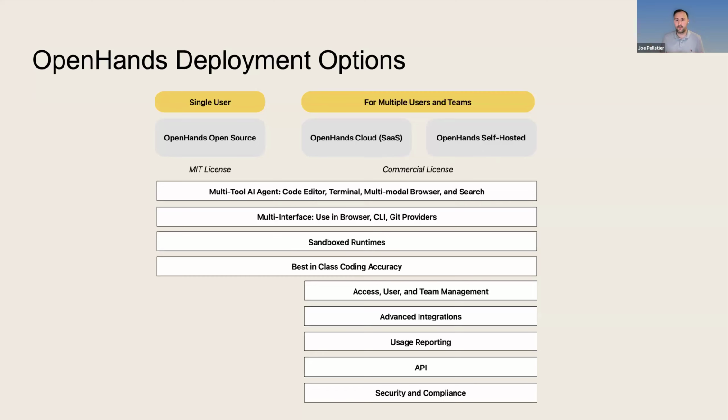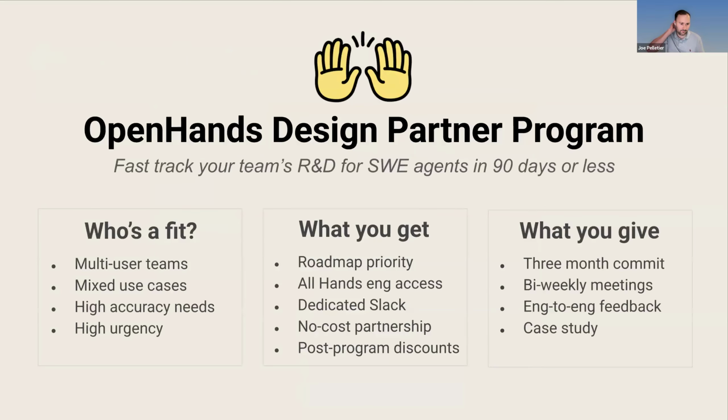We're seeing a lot of interest across the board on these different offerings, which is why we decided to open up a design partnership program, a way for organizations and companies who want to evaluate AI coding agents to work with us in a 60 to 90-day evaluation period. During that time, we leverage a lot of the feedback that you might provide about the product, and we use that to prioritize that feedback into the offering so that you can get features and functionality that make the most sense for your organization.